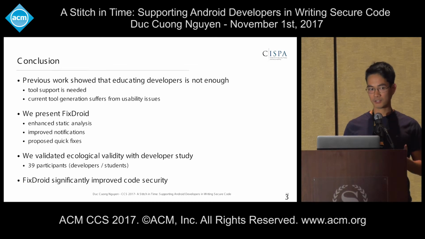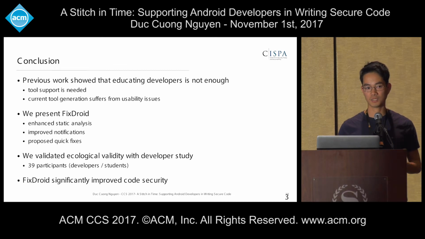And it improved the usability of how developers are notified about a given security problem. And lastly, not only detecting the problem, Fixroid also proposed possible more secure options instead. So we call them quick fixes.